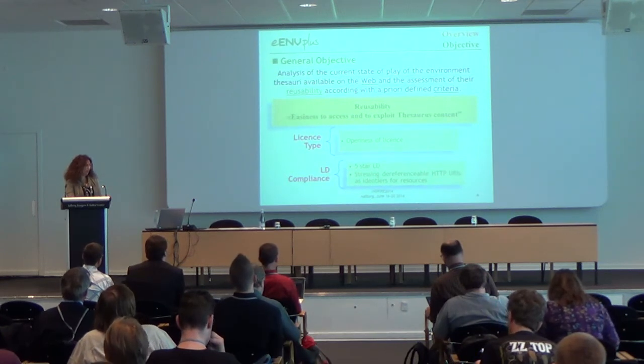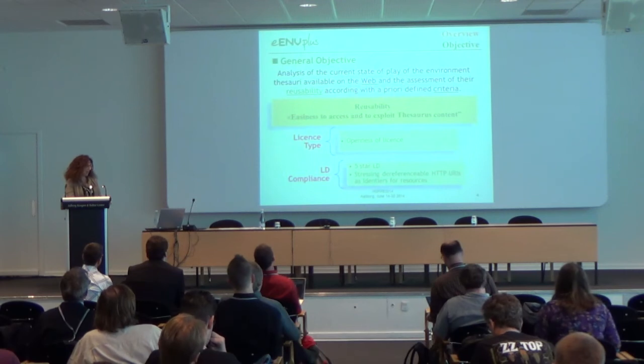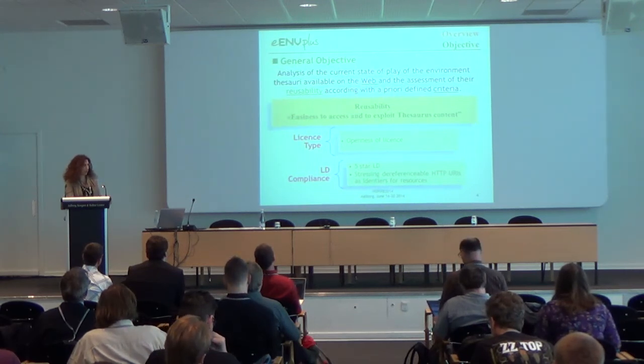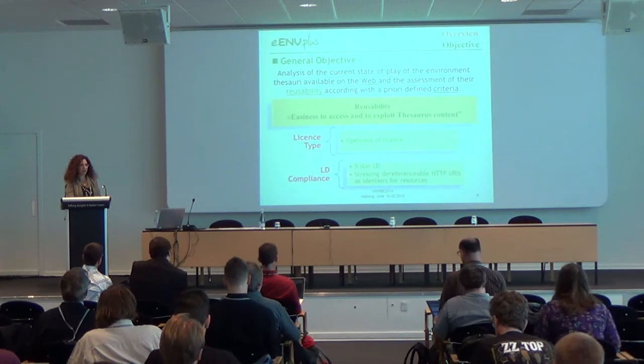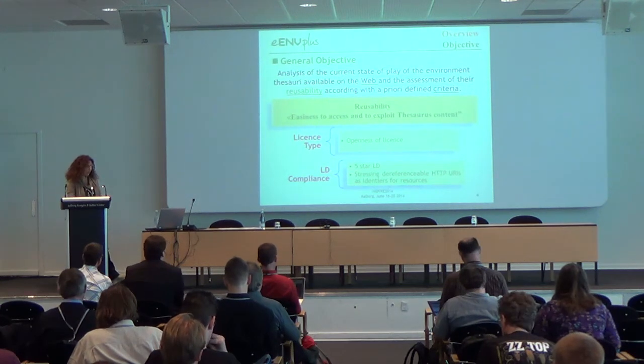In particular, we focus on two main aspects. One was the license, in particular the openness of the license, and the other was the linked data compliance, where we focus on the 5-star classification provided by Berners-Lee, and we stress a lot the HTTP URI dereferenceability.